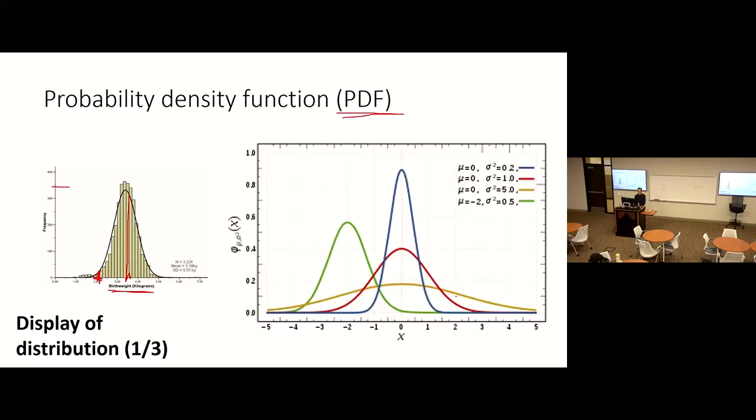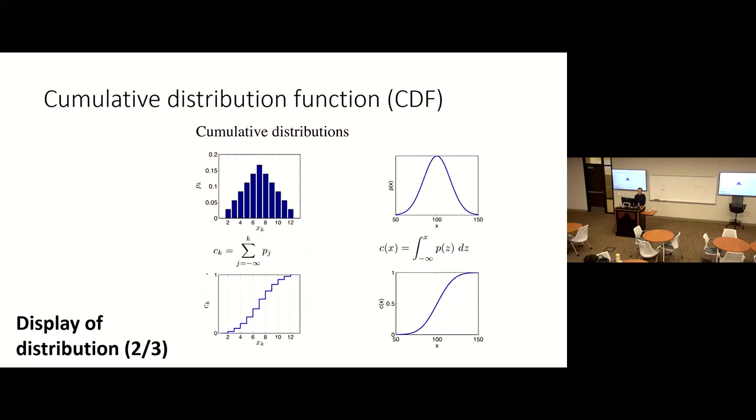This is called a PDF. Then you can stack all the bins onto each other, and you build the so-called CDF, the cumulative distribution function. Rather than showing the peak, you add everything together and get this cumulative curve.